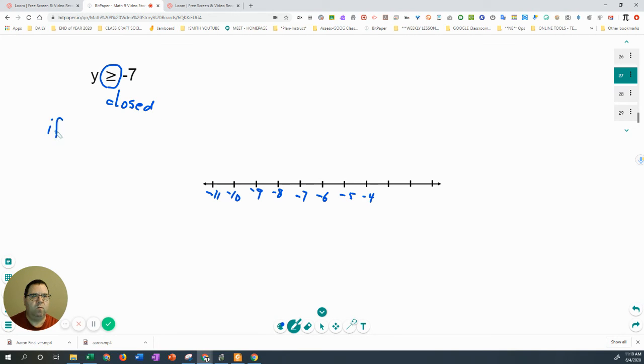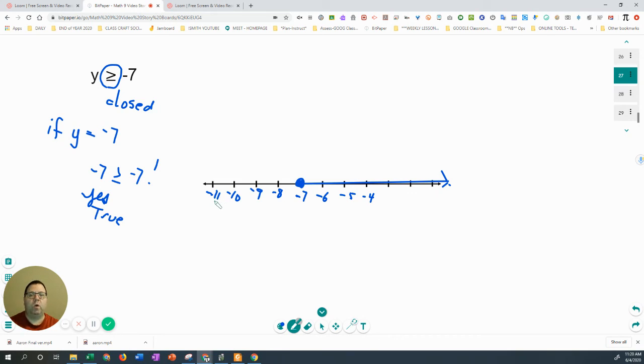In other words, if y were equal to -7, you could say -7 is equal to or greater than -7. So yes, this is true. So you start with your dot. Negative 7 is our starting point. We're definitely going to shade it in. Nice straight line. It has to be greater than, so the direction of the arrow is going to the right. Sorry, it's not perfect, but you get the idea.